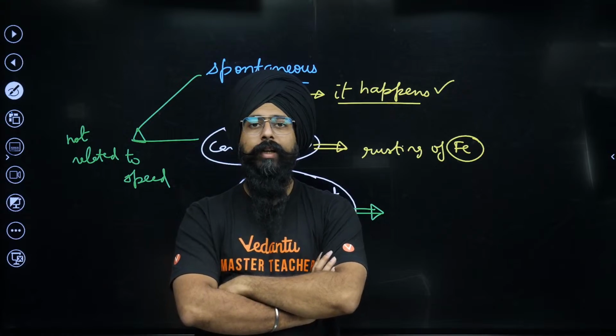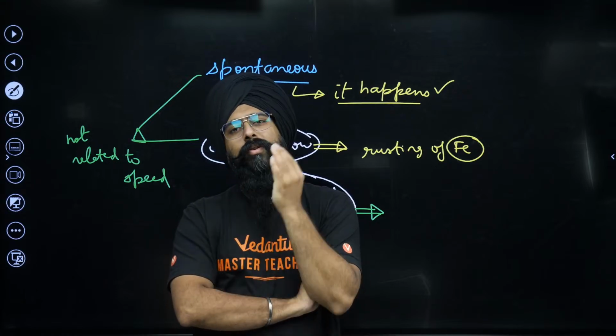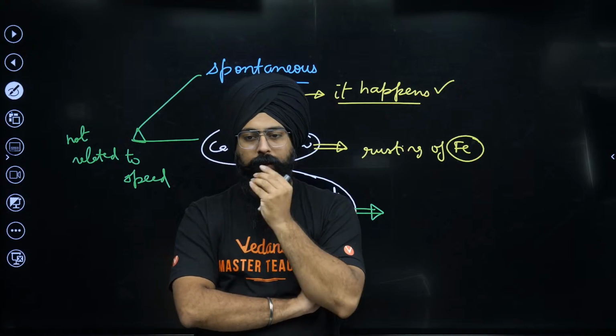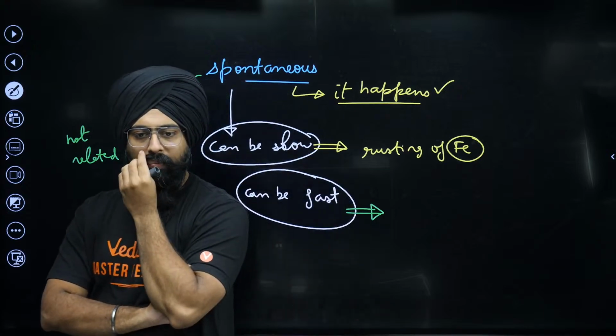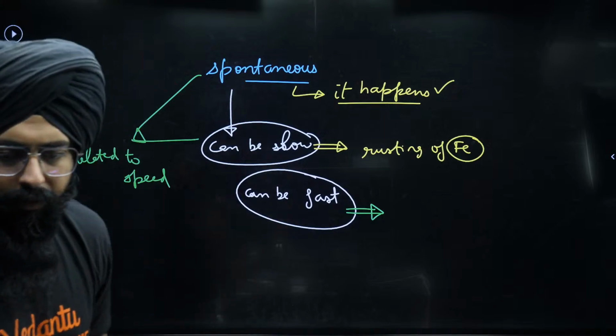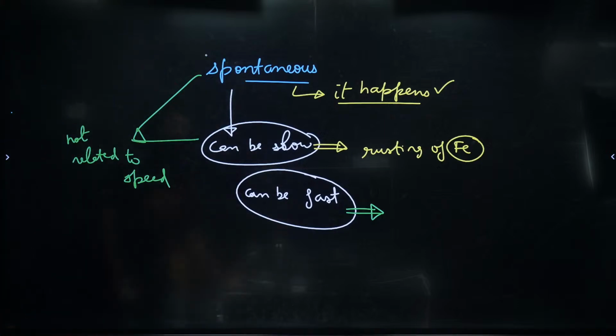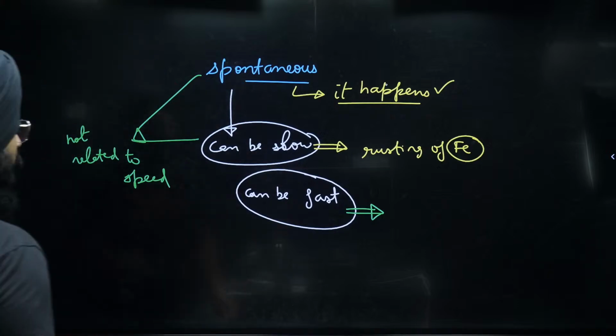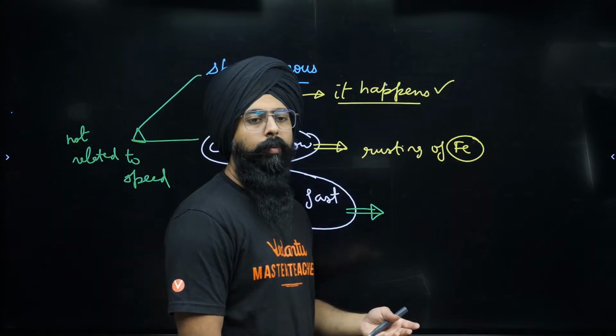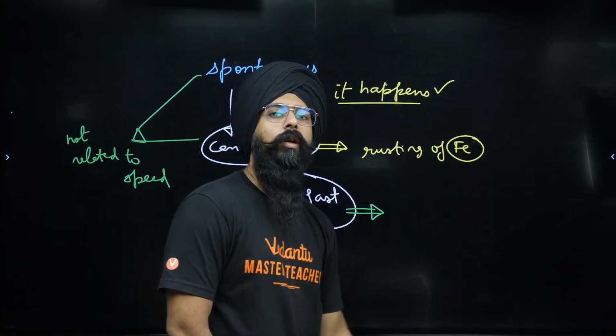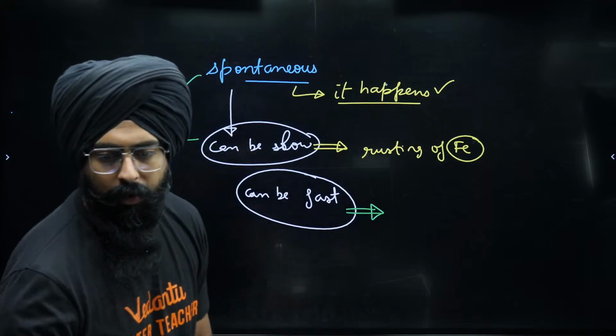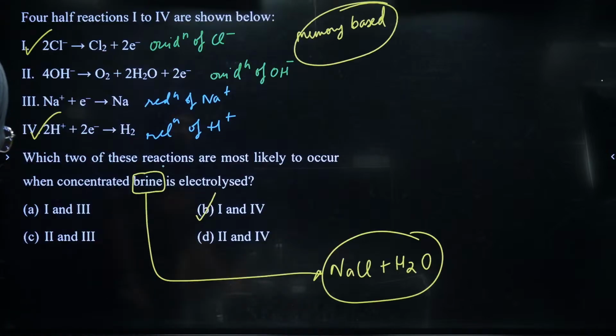Chloride ion gets oxidized, water doesn't get oxidized because water's oxidation is a very slow process. Okay, got the idea? So that is the meaning of overpotential, that if we want that slow process to happen faster, we have to give it extra voltage.